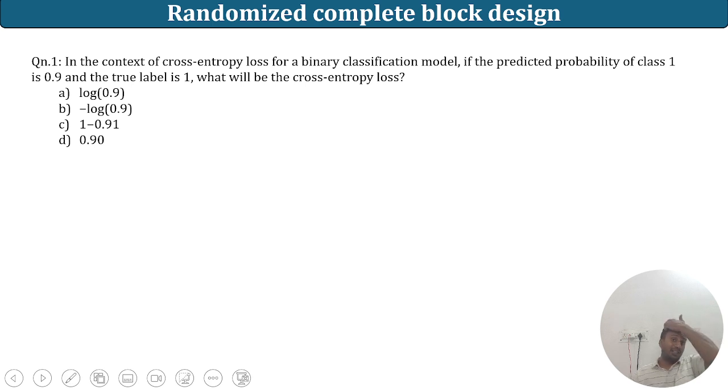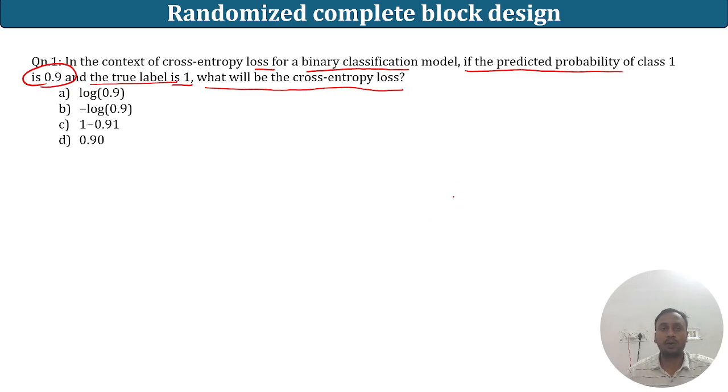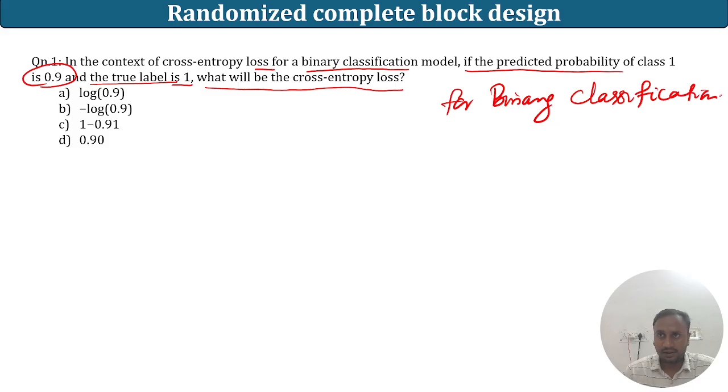Okay, so now we have a question in the context of cross entropy loss for a binary classification model. If the predicted probability of class 1 is 0.09 and the true label is 1, what will be the cross entropy loss? Can you tell what is the formula for the cross entropy for binary classification? Just tell the answer. I'll wait.